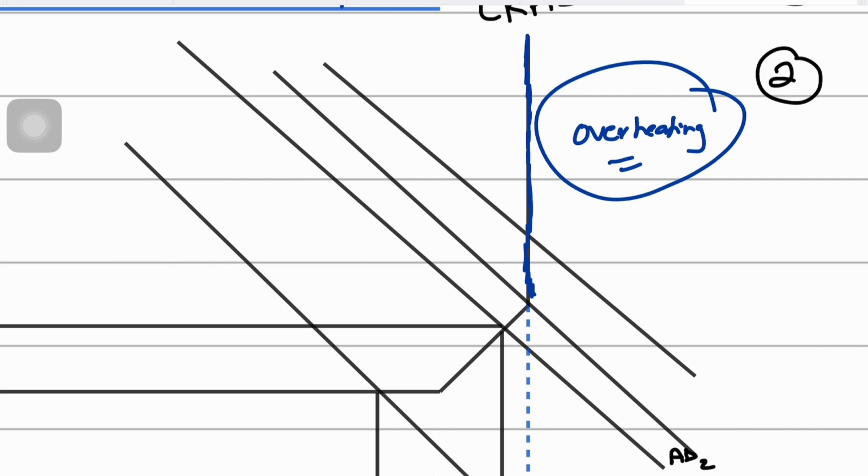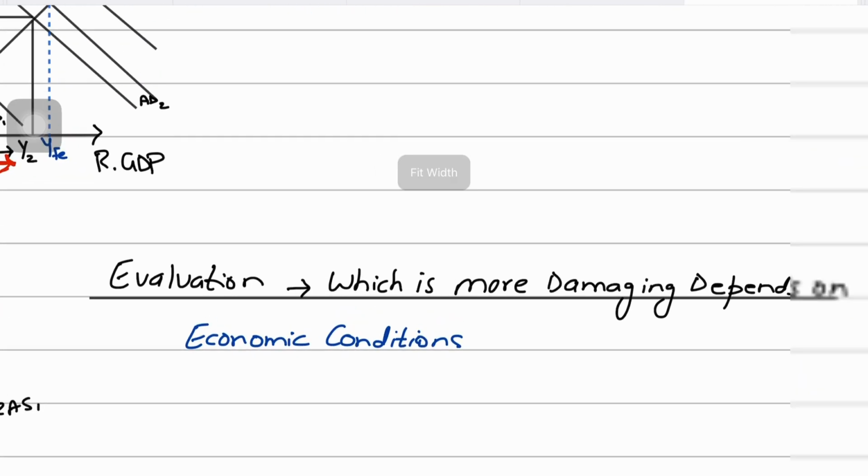So the economic welfare of the people is not going up, because prices are just going up without any increase in output, and that will ultimately result in destabilization of the economy, right? And that's why demand pull inflation could be severely damaging.